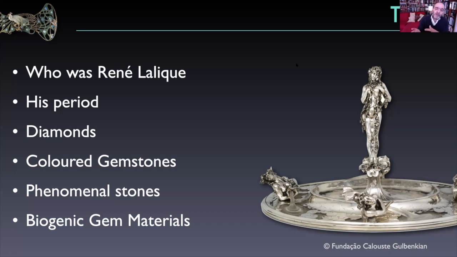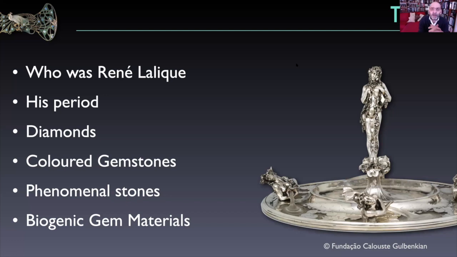And also he used a lot of biogenic gem materials, and here we include pearls, horn, and ivory, and also some other imitations. But I'm not going into imitations today. I'm focusing only on gem materials. And phenomenal stones also, not phenomenal in the poetic sense of the term, but in the sense that they have optical phenomena. It's a gemological term, but I will explain it to you later on.